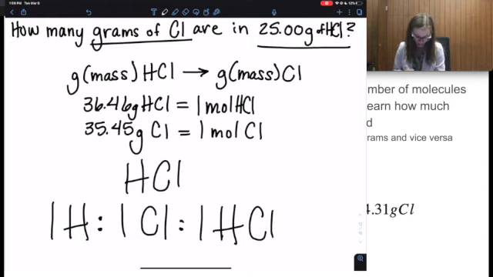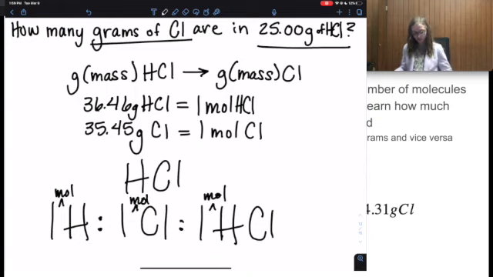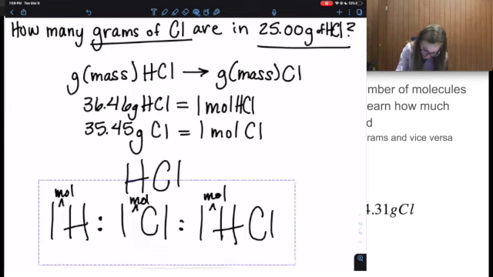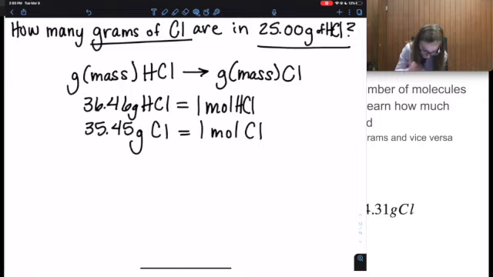So I have a ratio that compares the moles of each to each other. Remember, I can say that within 1 mole of hydrochloric acid there is 1 mole of Cl. So we're going to leverage this fact again. We talked about it a little bit before, and we did a little bit of practice on the screen, but we're going to use this piece of information. I'm just trying to make it more apparent what we are going to use.